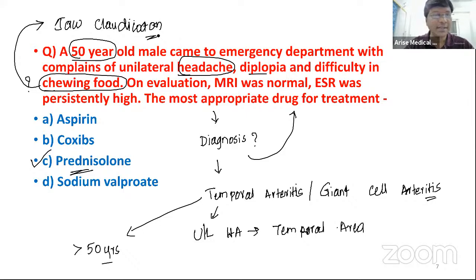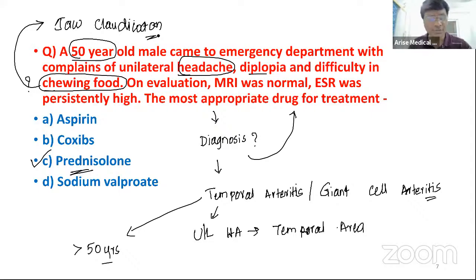So when the temporal artery is inflamed, the supply to the muscles of mastication will be reduced. So when the supply is reduced, then obviously they will have jaw tenderness, like they will have difficulty in chewing the food, right?